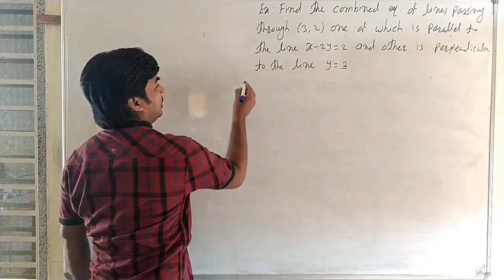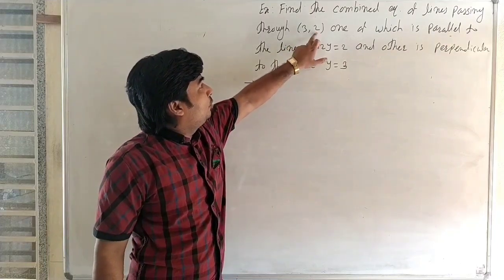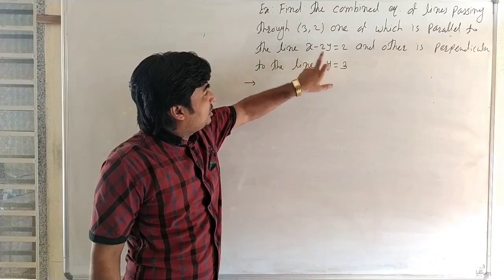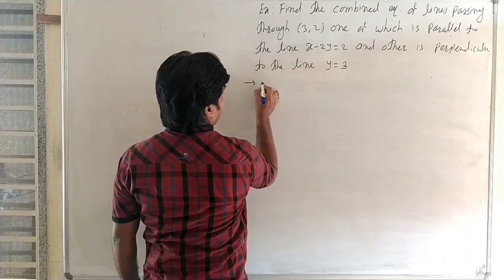Now here there are two lines passing through the point (3, 2), one parallel to this line and the other perpendicular to that line.